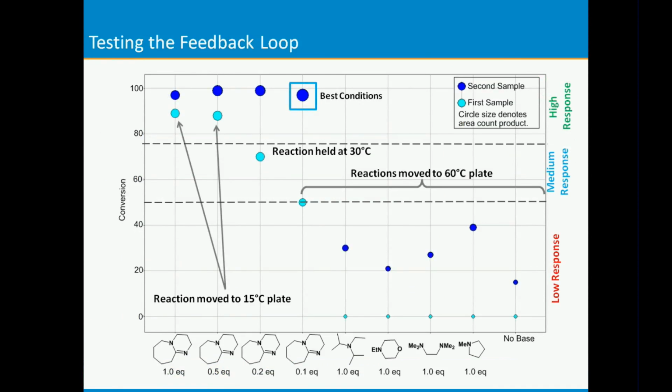But what's a little more subtle here is the size of the circle denotes the area count of product. We actually had more product present in the 0.1 equivalent DBU reaction as opposed to all of the others, implying that some degradation products were forming and consuming some of the actual product present.